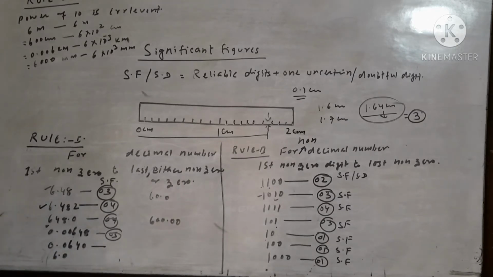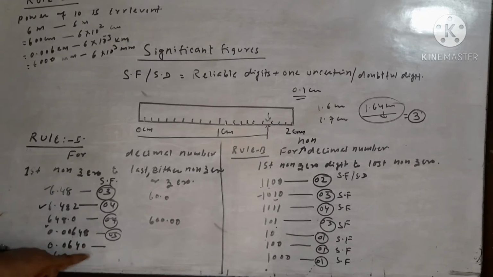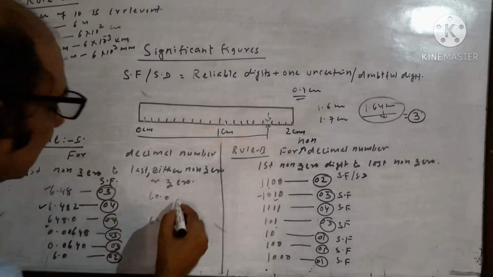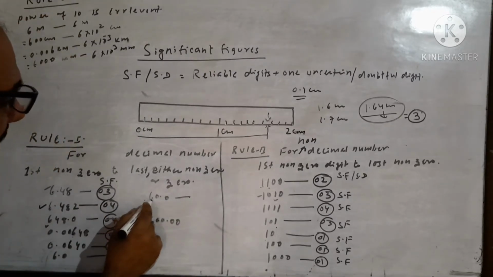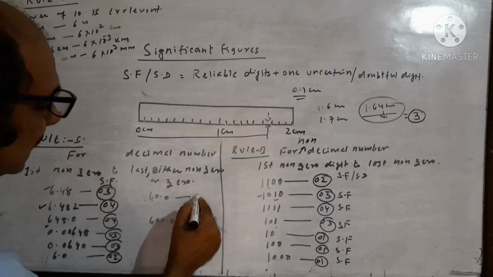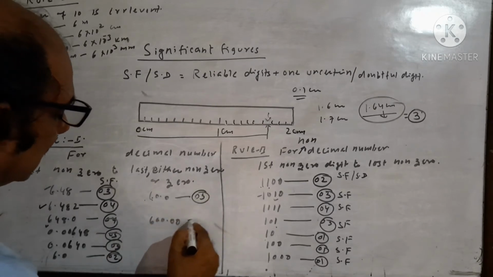And the next one, first non-zero 6 to last, either 0 or non-zero, 3. And here, first non-zero to last, either 0 or non-zero, 2. Here, first non-zero 1, 2, and last, it may be 0 or a number: 1, 2, 3 significant digits.